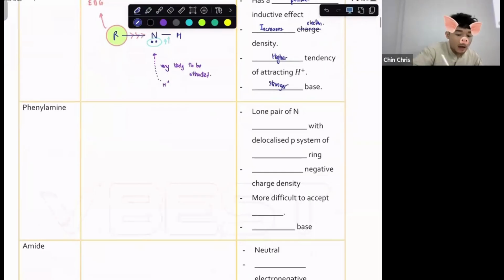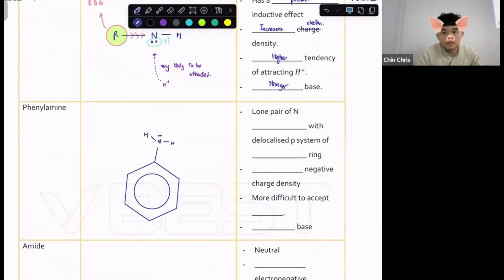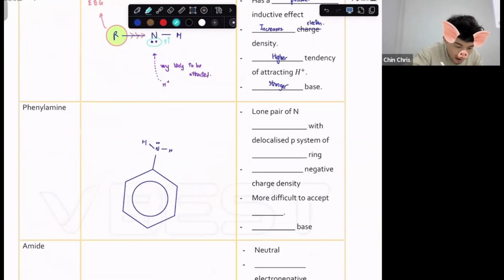Alright guys, let's look at phenylamine. How does a phenylamine look like? Alright guys, this is a phenylamine. Please tell me what will happen to the lone pair?